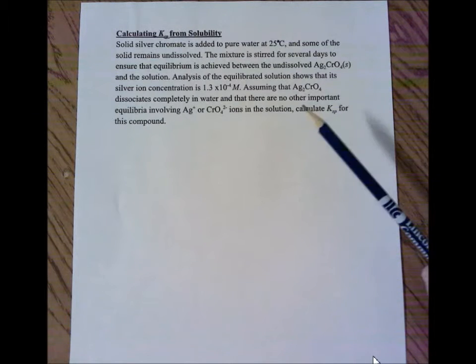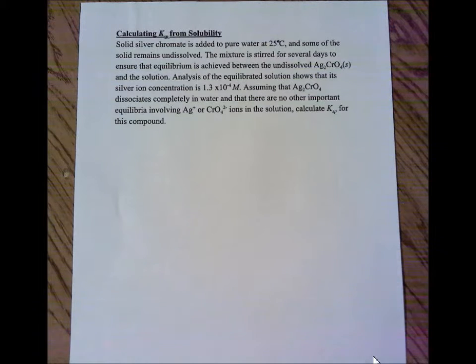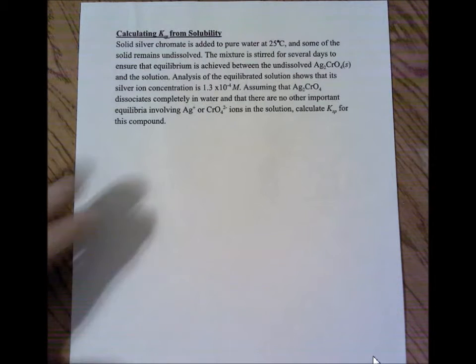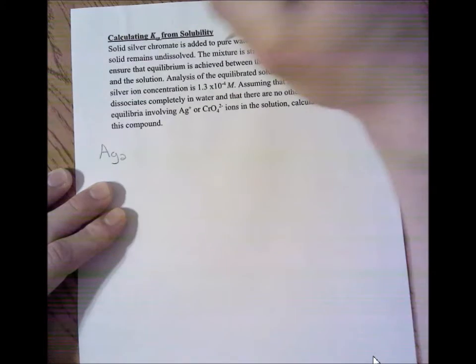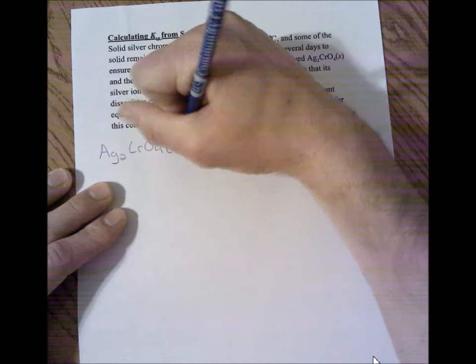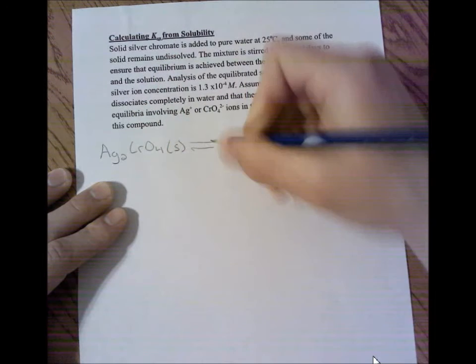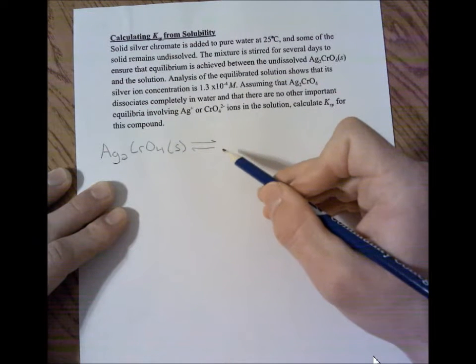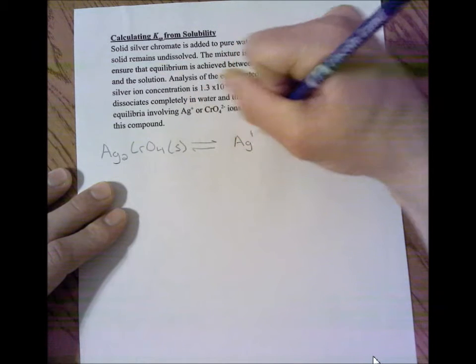So again, we always want a roadmap here in chemistry, and a roadmap means that we are going to have an equilibrium expression, in this case written out. So we start out here with silver chromate, and the problem said it was solid silver chromate, and this, we've talked about this a little bit in these notes, comes to equilibrium. So now what happens here is we get our Ag+ ions to break out in solution, and these are aqueous.